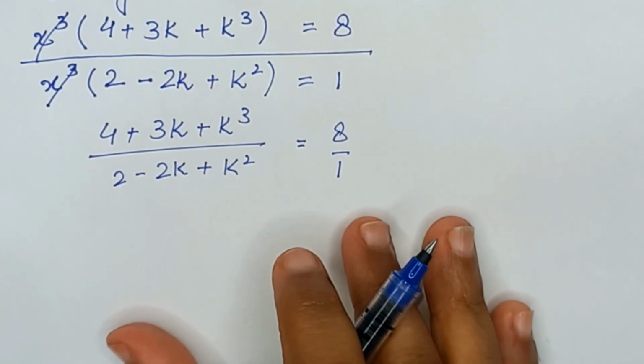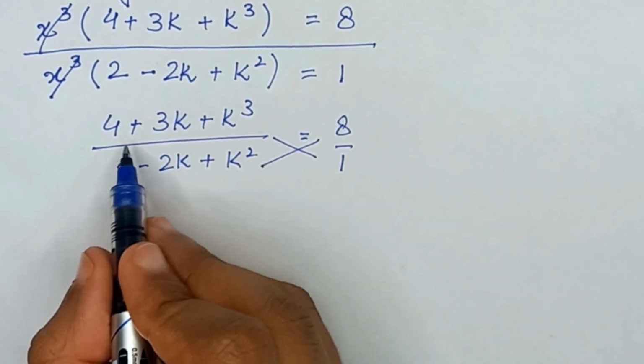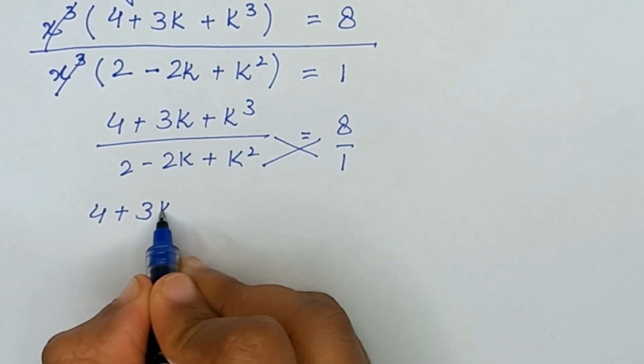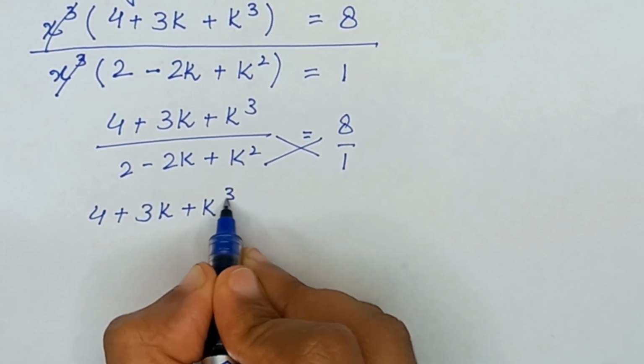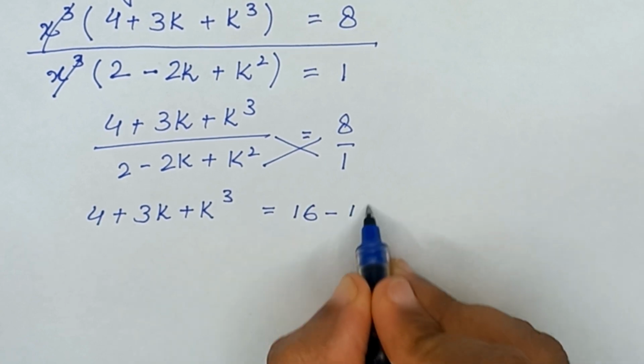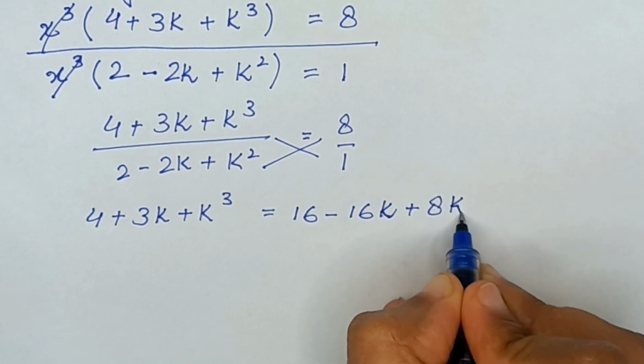Okay, now we will find the value of k from here. So I will do cross multiplication, then it will be 4 plus 3k plus k cubed equal to 16 minus 16k plus 8k squared.